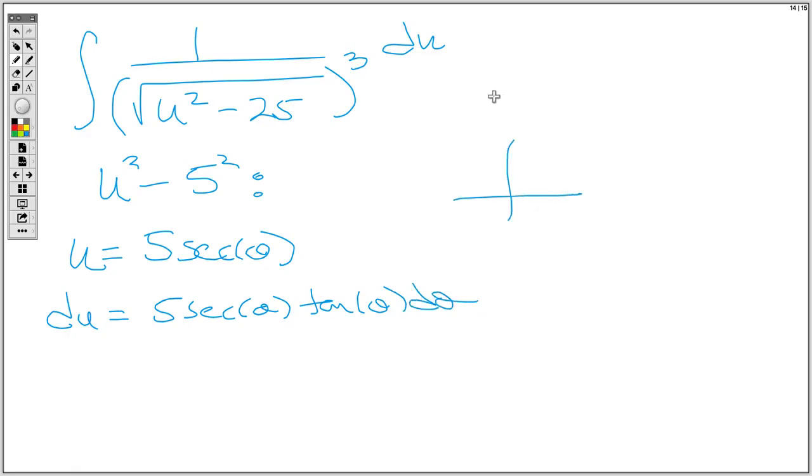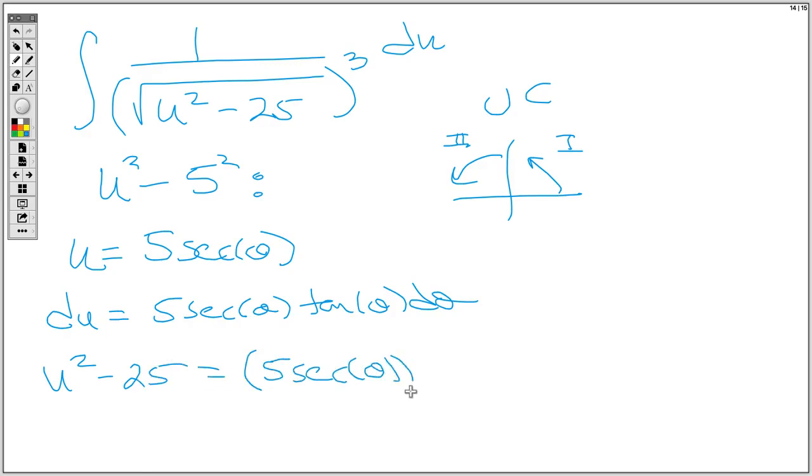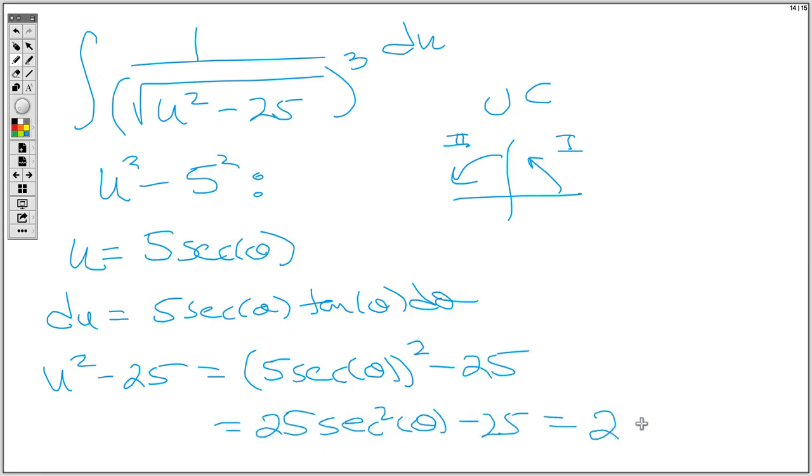Now the thing about the secant substitution is you're pulling from quadrants 1 and 2. And u squared minus 25 is 5 secant of theta squared minus 25. That's 25 secant squared of theta minus 25, which is 25 tangent squared of theta. Okay, so Matthew, this is getting back to the question you asked a while ago.